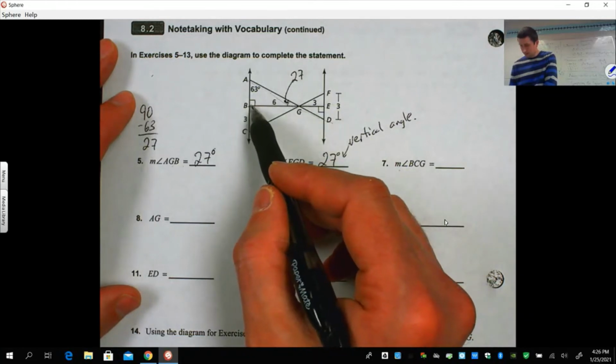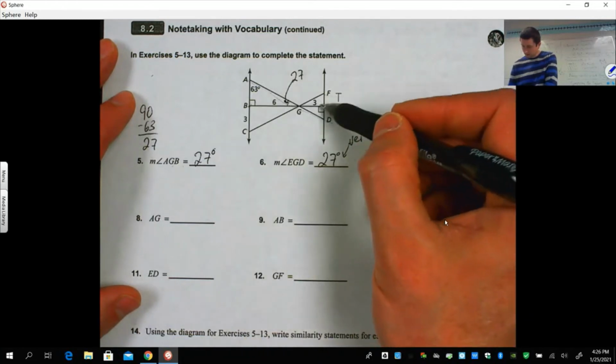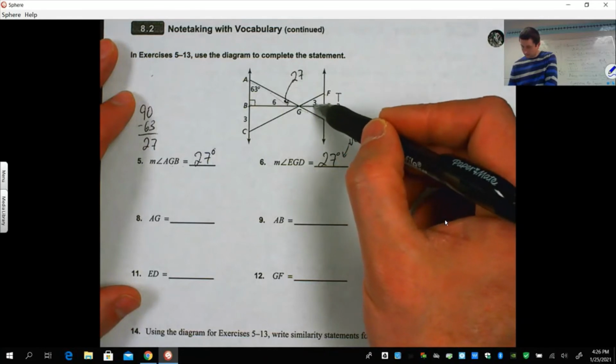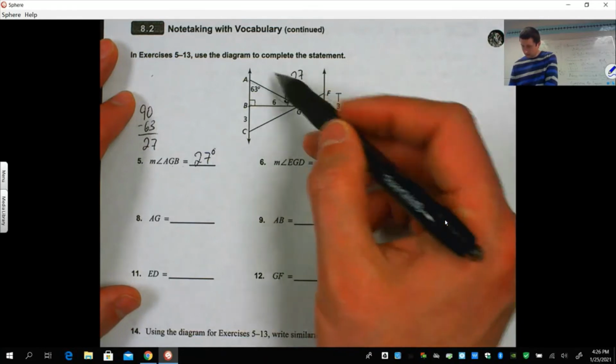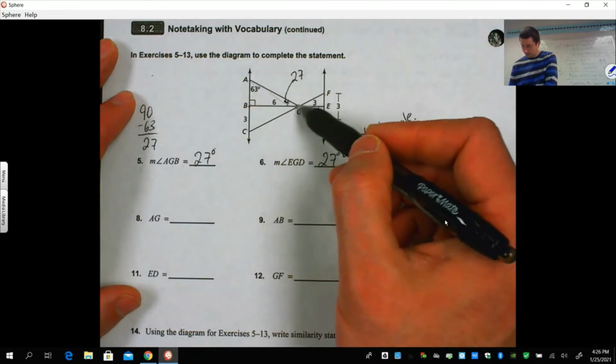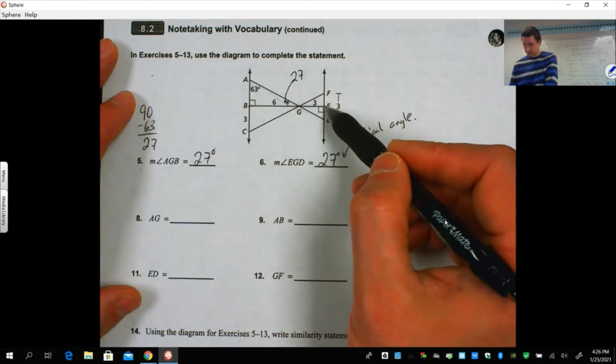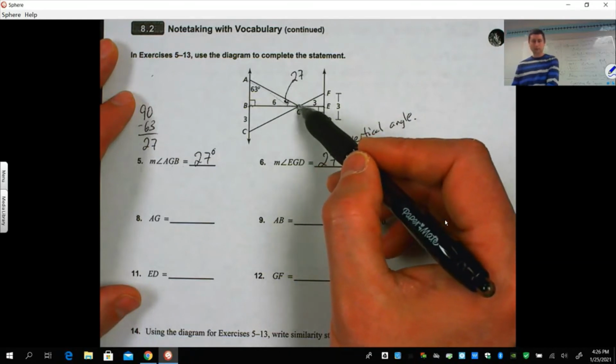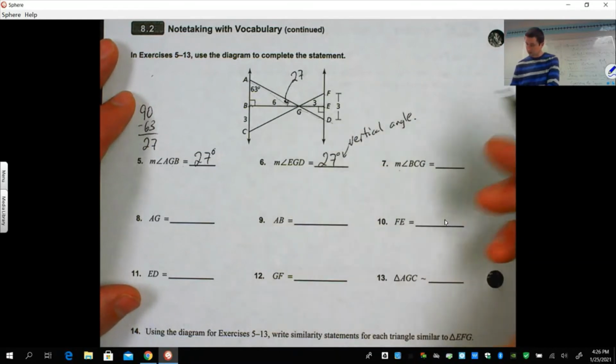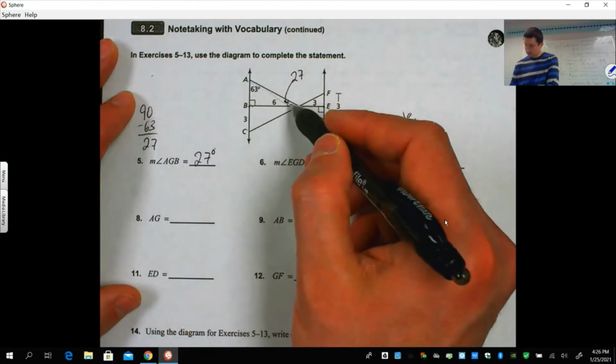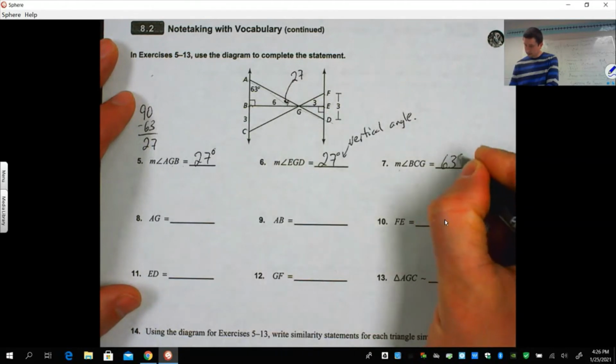This right here is 3. This is going to be an isosceles triangle. This is going to be on the perpendicular bisector, and if you have a point on a perpendicular bisector, it forms an isosceles triangle. So BCG is also going to be 63 degrees.